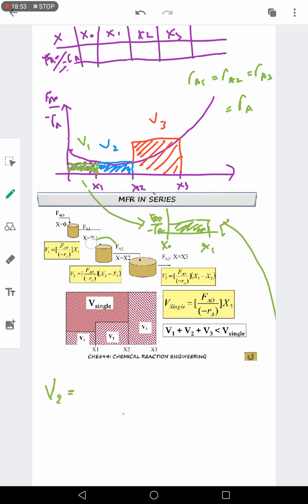For V2, it is FA1 minus FA2 over negative RA2. This is the same as, in which FA2 equals actually FA0.